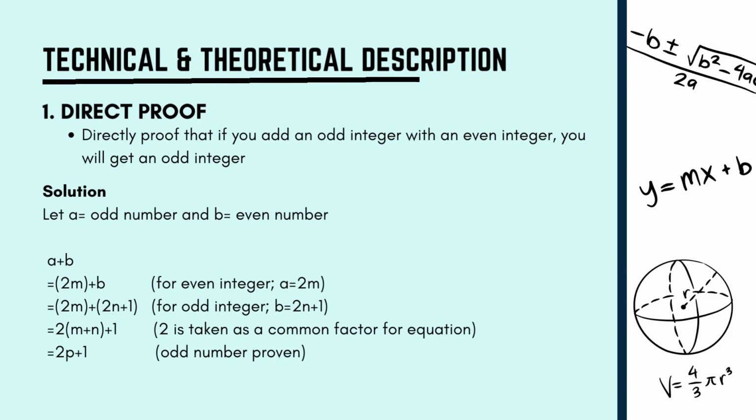My name is Muhammad Hishamuddin bin Jerami. I will continue to explain about direct proof. Direct proof: you can directly prove that if you add an odd integer with an even integer, you will get an odd integer. For the solution, let A equal an odd number and B equal an even number. A plus B equals 2m plus B, for an even integer, which is A equal to 2m.